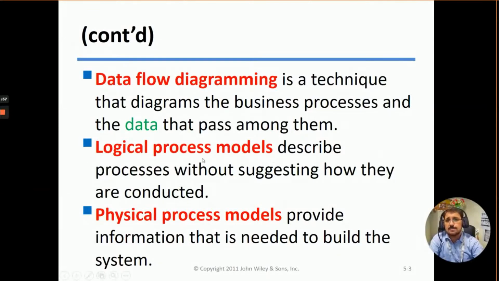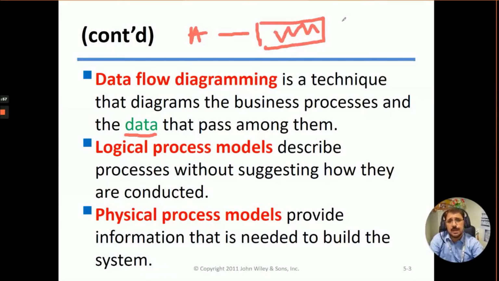You see, the business process and the data that pass among them, are the data which flow from one place to another place. Let's suppose a data is A. It has some value, it enters some process. Something will happen here, and the A will change to some other format.